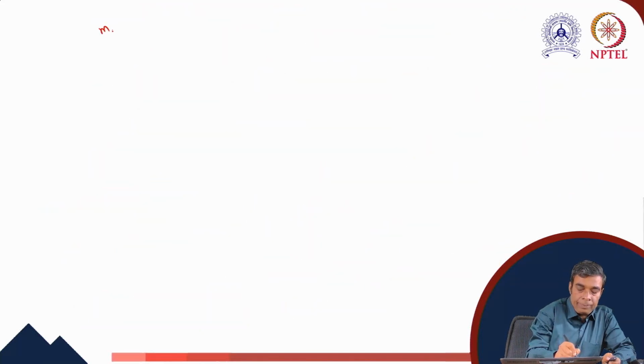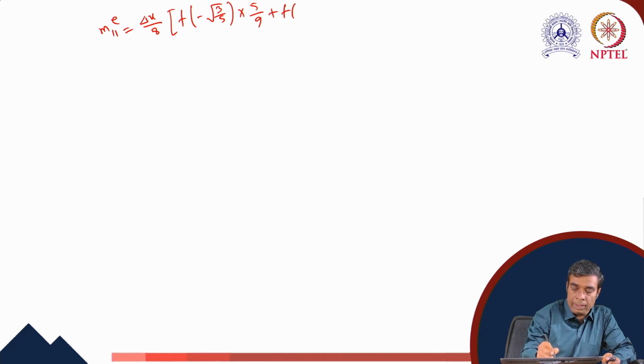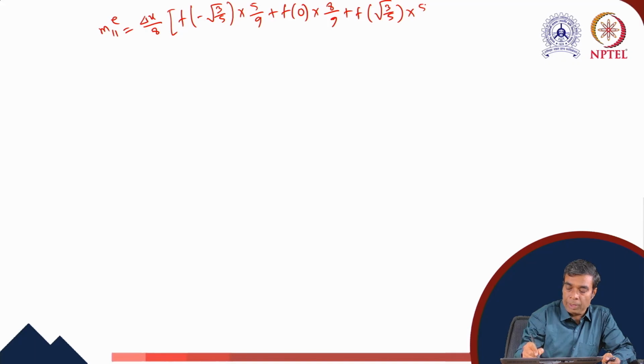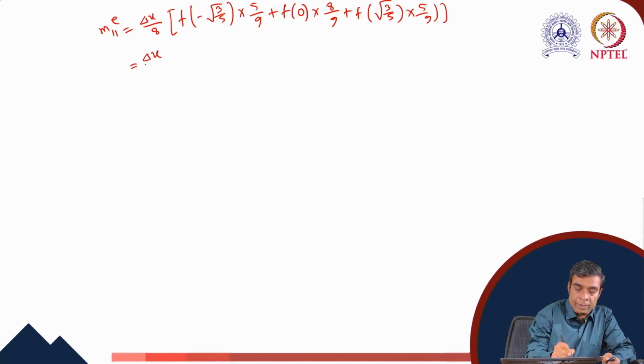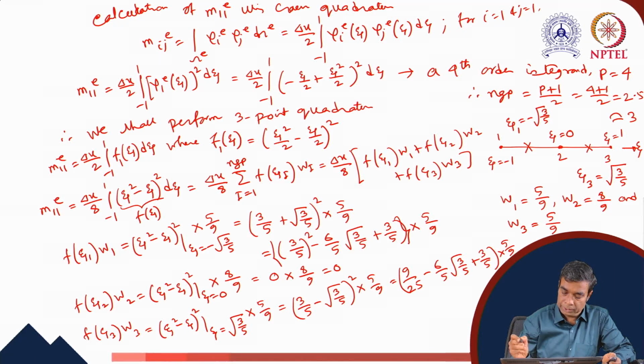So m11e equals to delta x by 8 into f of minus square root of 3 by 5 into 5 by 9 plus f of 0 into 8 by 9 plus f of square root of 3 by 5 into 5 by 9. This gives us delta x by 8 into f of minus square root of 3 by 5.